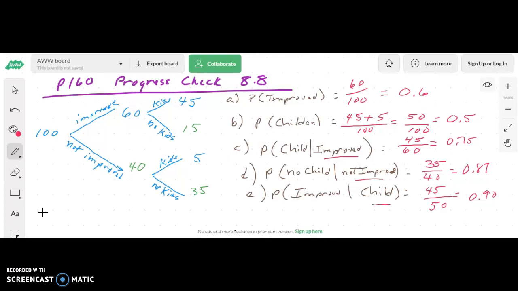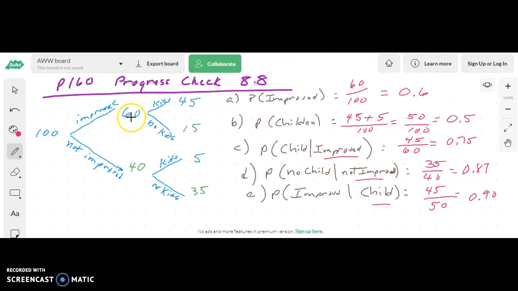So for this progress check, they talk about 100 couples who had undergone marital counseling, and they provided some information about these 100 couples. Namely, they mentioned that of the 100, 60 of them reported that they had improved relationships after the counseling.